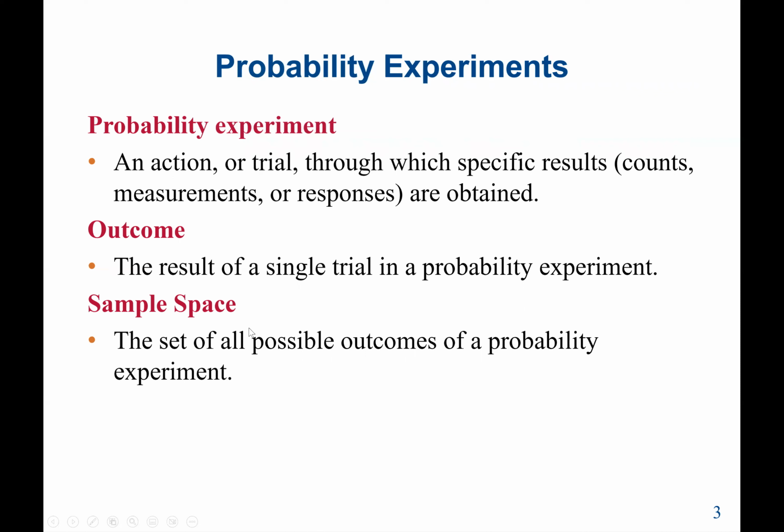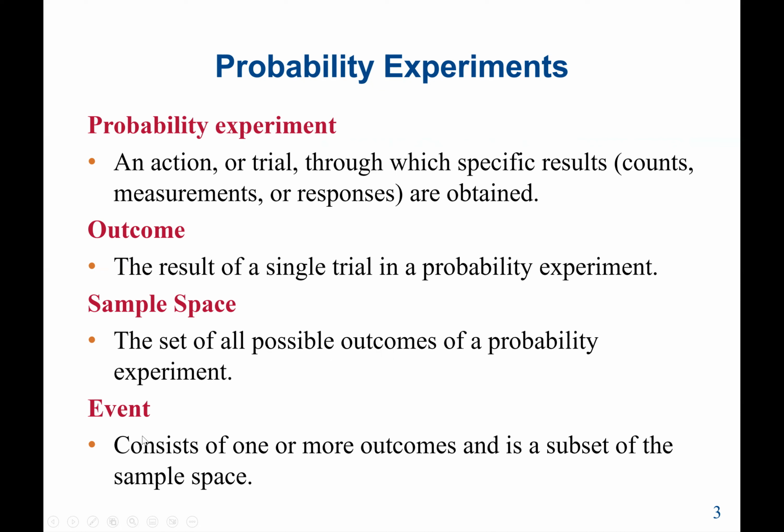A sample space is the set of all possible outcomes of a probability experiment. Again, we're going to see an example soon. And an event consists of one or more outcomes, and it is a subset of the sample space, because again, the sample space is the set of all possible outcomes.